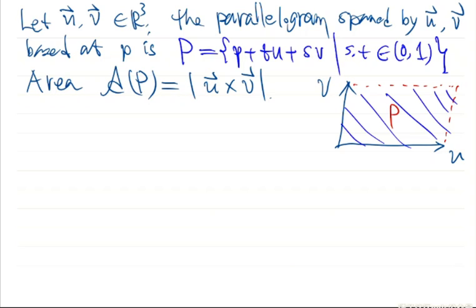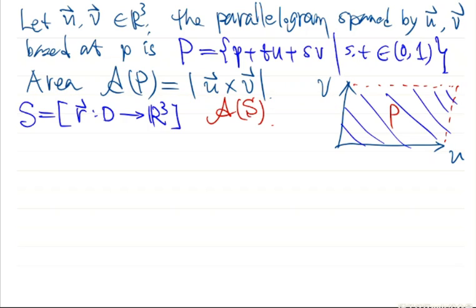Now, suppose S is a smooth surface with parametrization, where D is a region in R2. So this is a smooth surface. We want to define the area of the surface. How to do this?